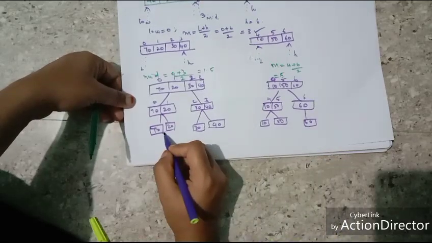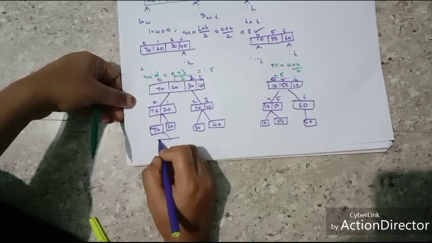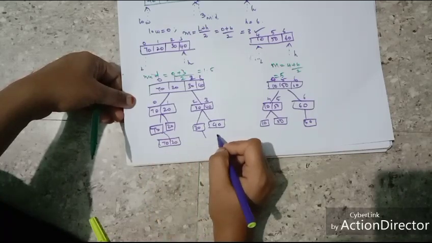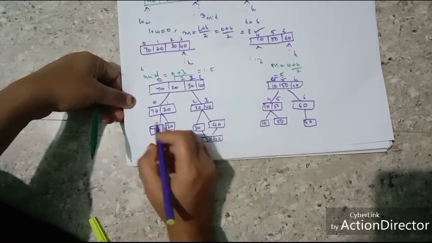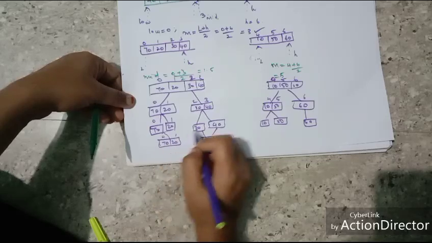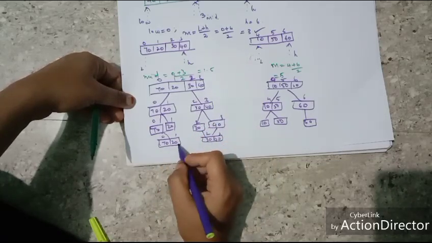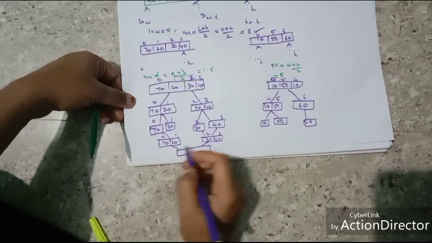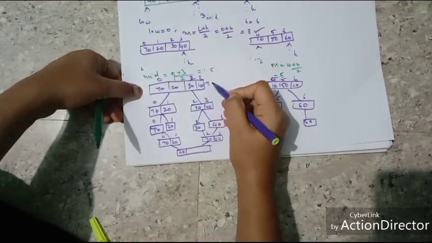Then we are going to perform the merging operation on these cells: 70 and 20 again, and here 30 and 40 again. The whole operation is merged into a single sorted cell, and we find the solution to our sub problem 1.